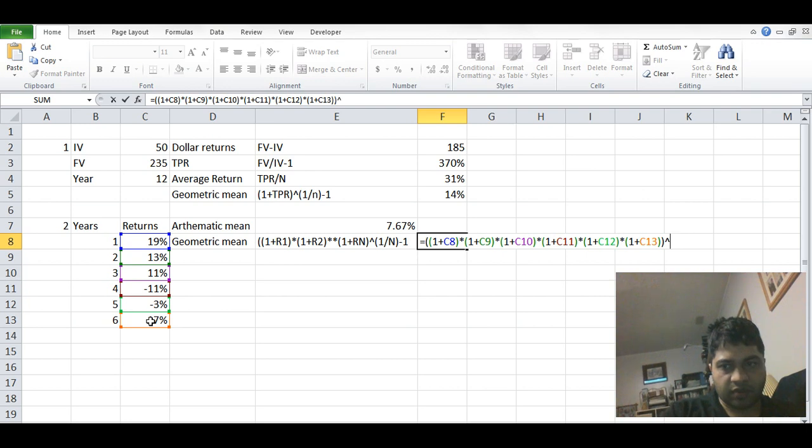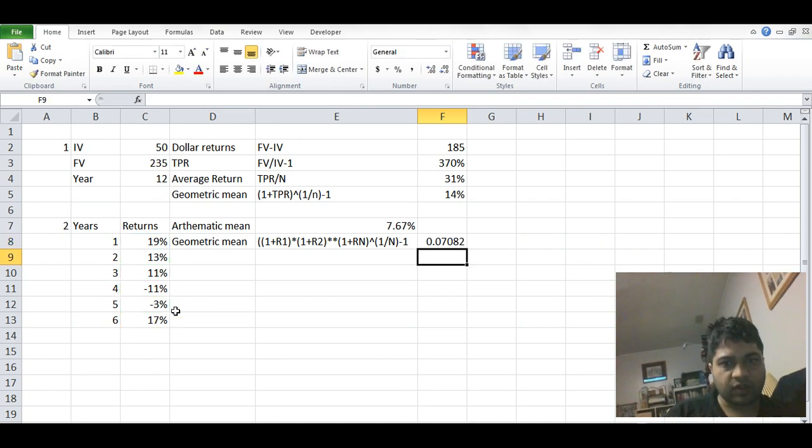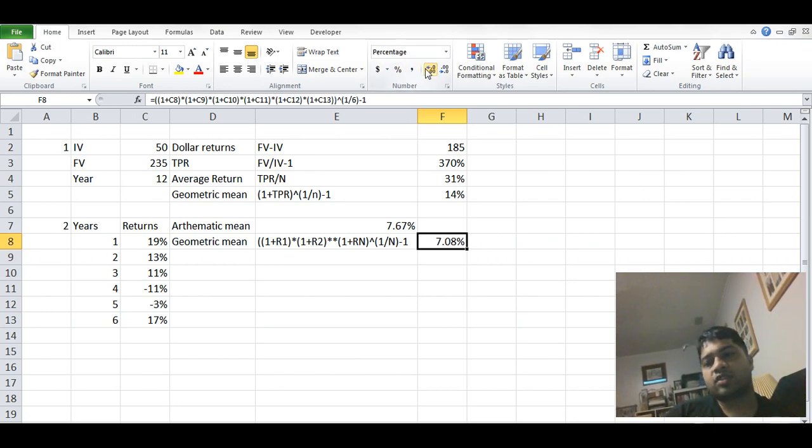Now raise it to the power 1 by n, that is 6, and finally subtract 1. So geometric return is 7.08%.